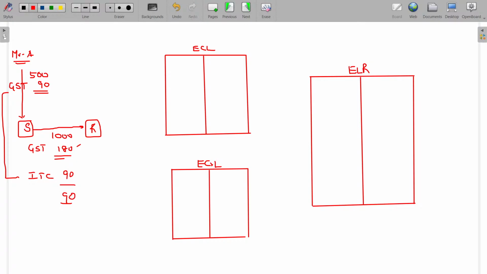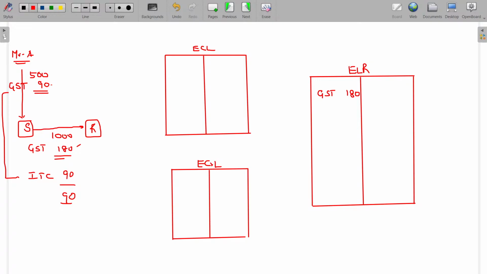The amount payable will be the revenue to the government, right? So for that, this supplier being the debtor, post that value here. GST payable, 180. When he purchases by paying the GST, this 90 he can get refunded.